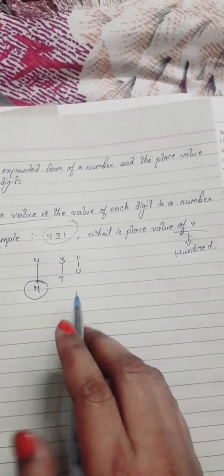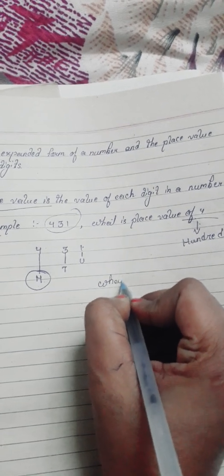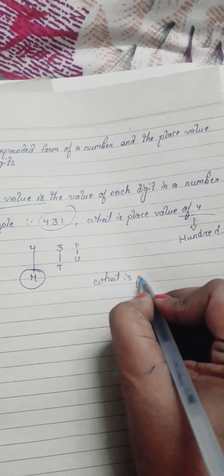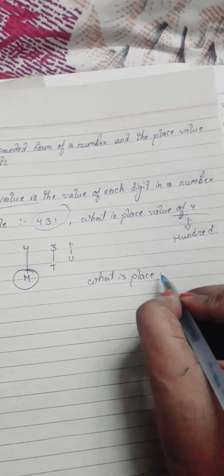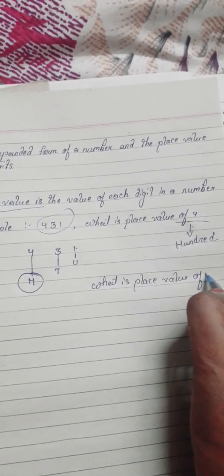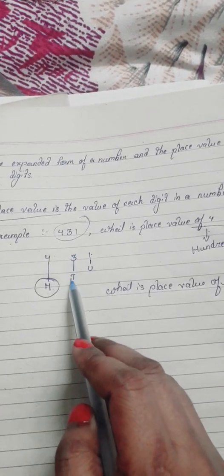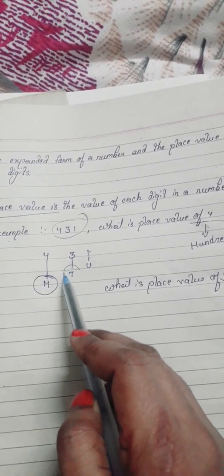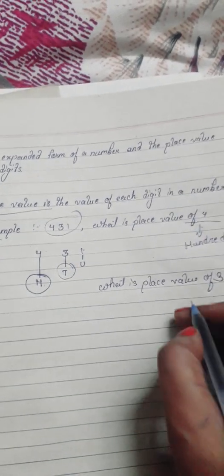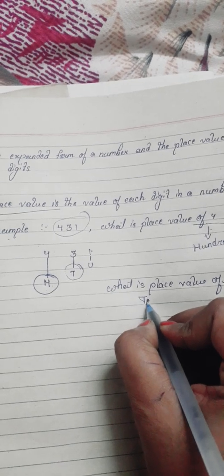If I ask what is the place value of 3, we see where 3 is situated. 3 is situated at T, sorry, T means 10.